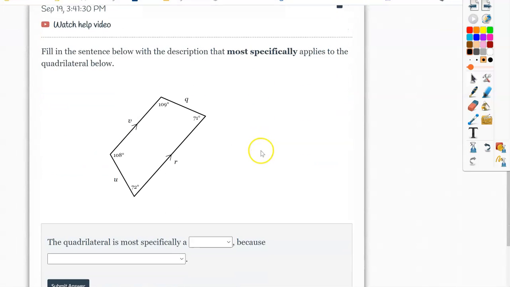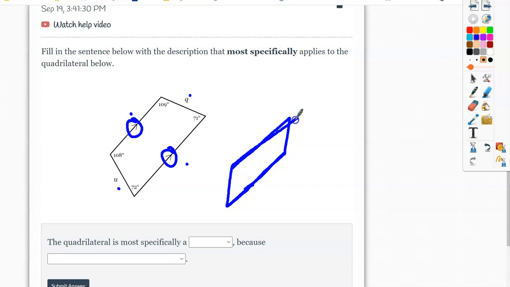Next shape. This has no letters the same, but it does have these two parallel marks. Anytime you have one set of parallel sides, you can potentially have a parallelogram if the sides are the same length.